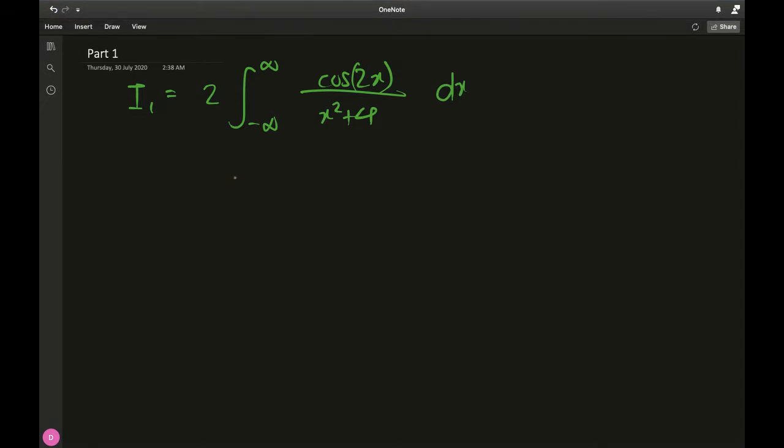Okay, so with our I1 looking like this, to actually use contour integration or complex analysis, we need to define a complex function. Duh. So let's call that f of z.